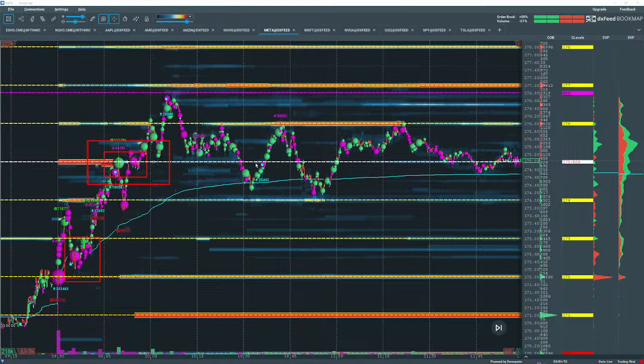Price continues higher, and then volume is really concentrated up and down in this chart range volume profile. Volume concentrated up and down around that 175 level.